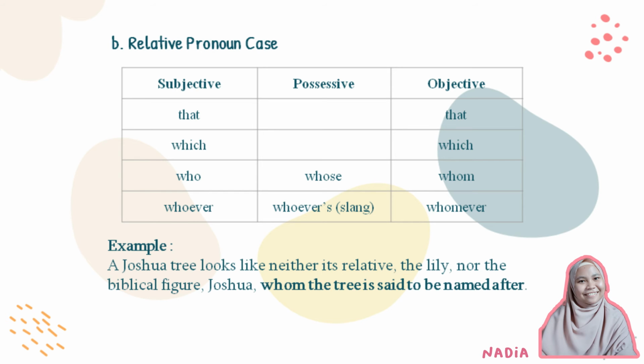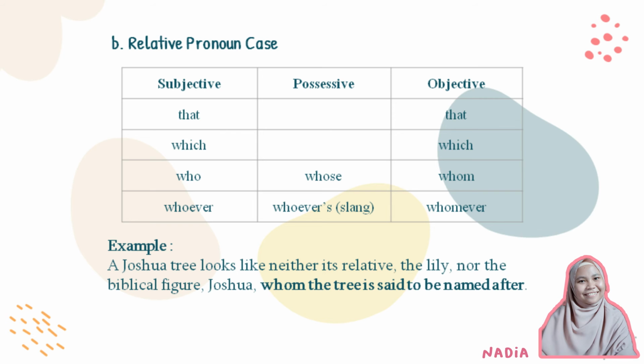Logically, you should use subjective case pronouns in noun clauses that function as subjects and objective case pronouns in noun clauses that function as objects. There are subjective that, subjective which, objective which, subjective who, possessive whose, objective whom, subjective whoever, possessive whoever's, objective whomever's.